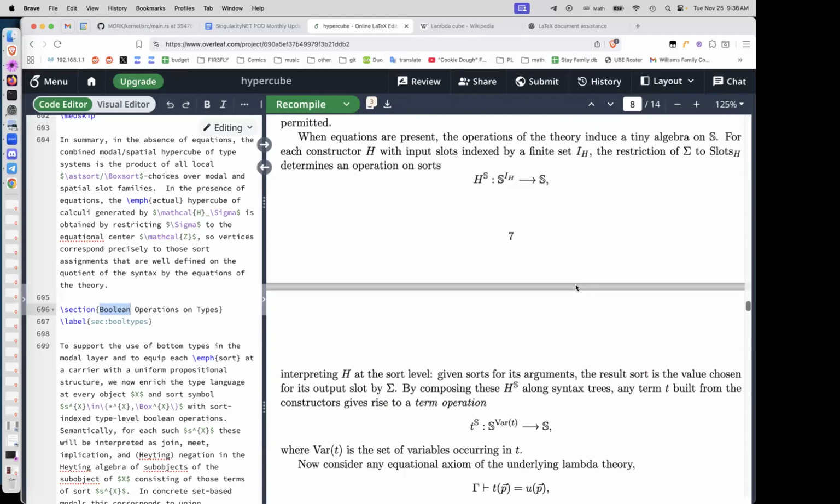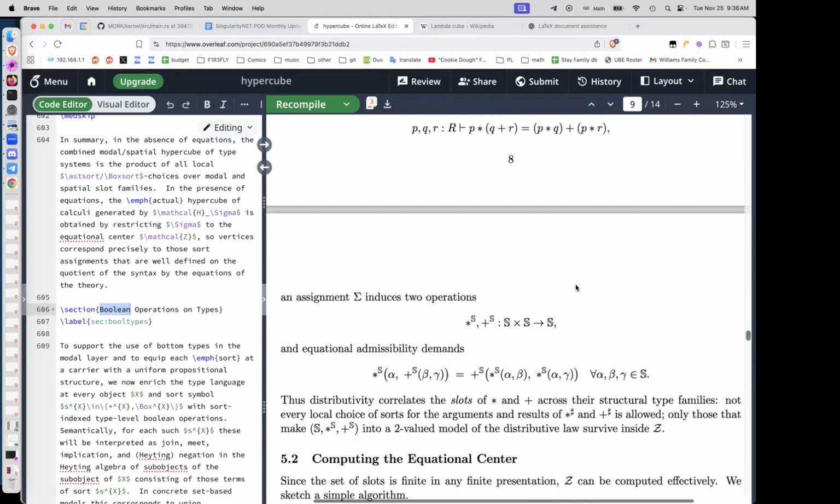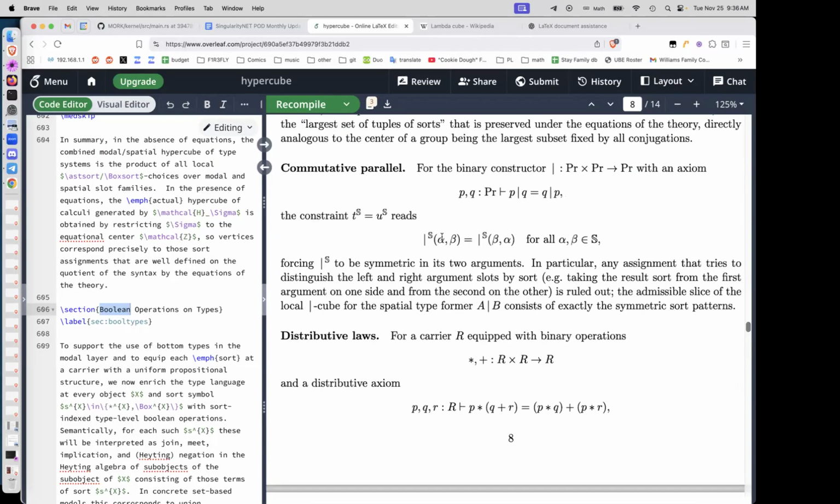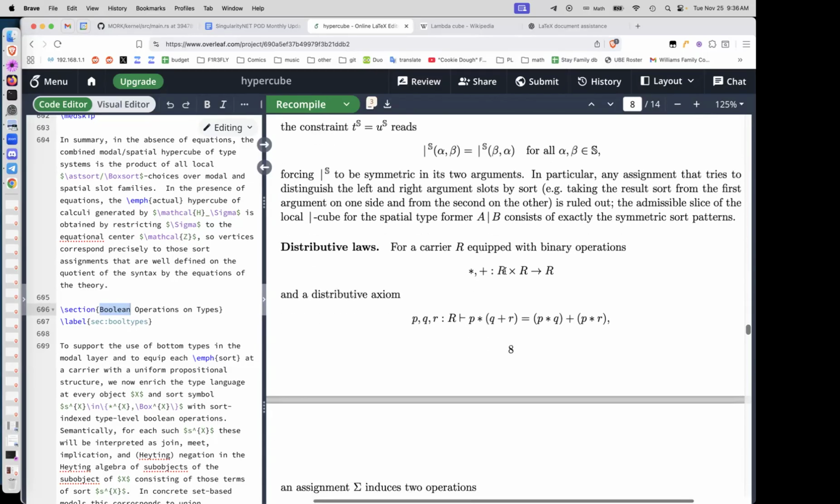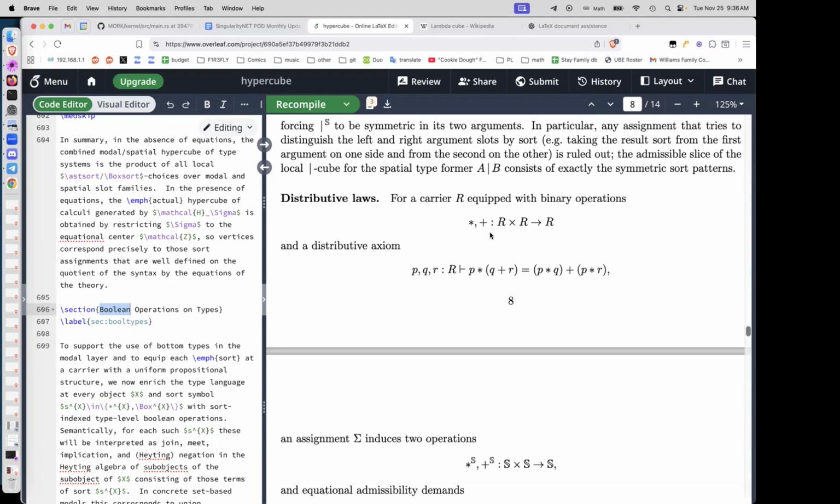Sorting goes through that equational center idea. Here's the idea that par is commutative, so alpha beta is the same as beta alpha. So you don't actually have two different choices for these slots. When you've got, for example, a ring or a rig with addition and multiplication, then just going by the distributive law, Q and R have to have one sort.